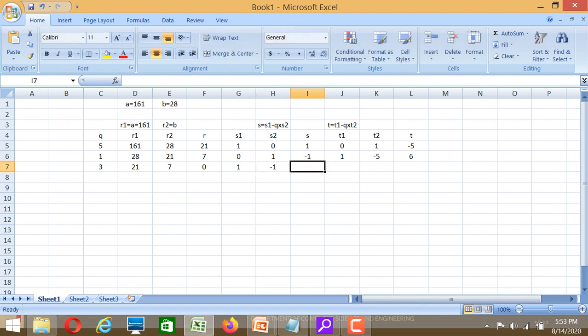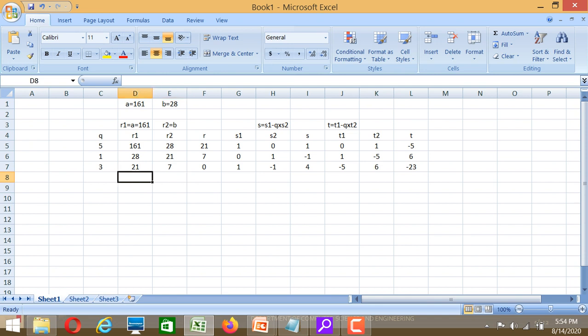Now the new S equal to S1 minus Q into S2, that means 1 minus 3 into minus 1, 1 minus minus 3, that is 4. Now this is the minus 5, this is the 6. Now the new T equal to T1 minus Q into T2, that means minus 5 minus minus 18, this is the minus 23.